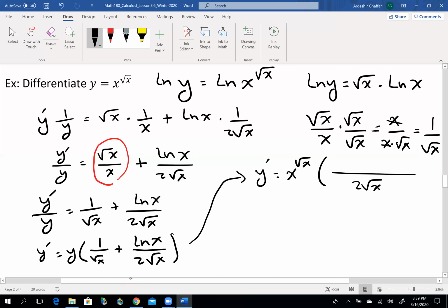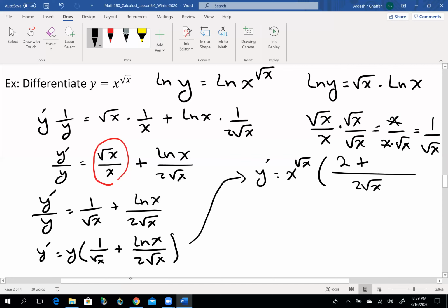So if I multiply both of these by 2 times the square root of x, the square root of x and the square root of x cancel out. 2 times 1 is 2, plus 2 times the square root of x times natural log of x over 2 square root of x.